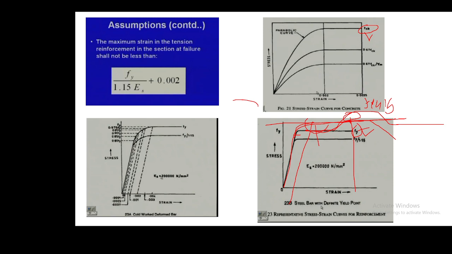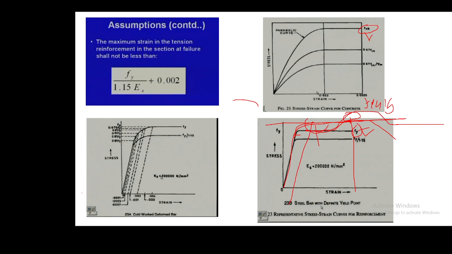If you consider the ultimate load, the strain will be even more than 0.0038, so the steel will go to a very high strain, it will deform, and in that deformation the concrete will not take that much strain and it will fail.